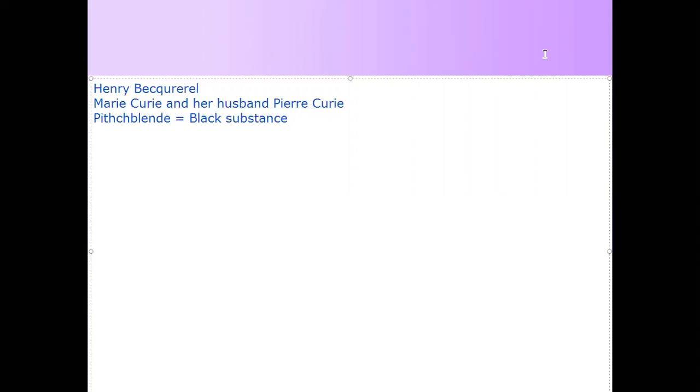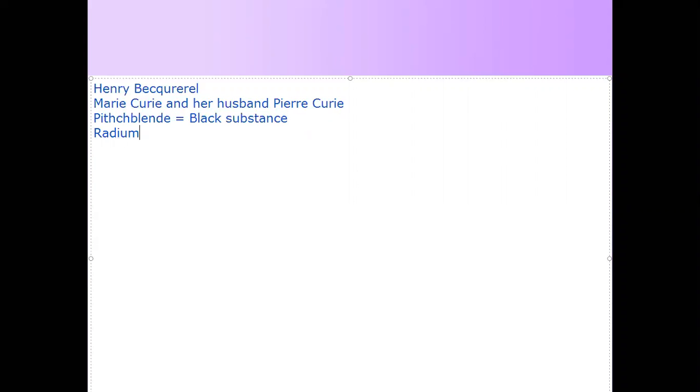That substance emitted radiation like uranium. They named that substance radium.